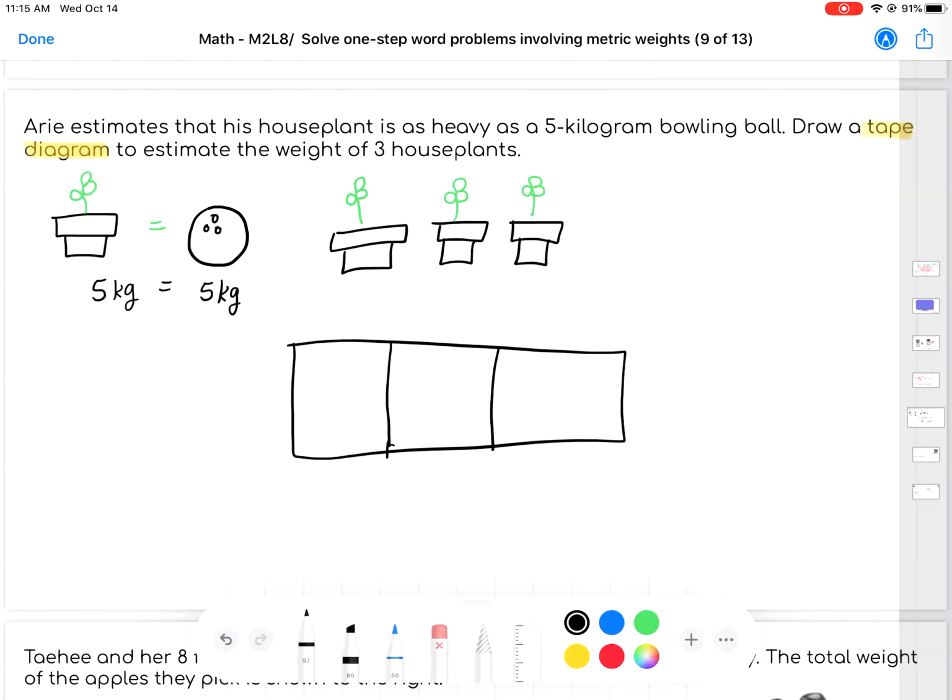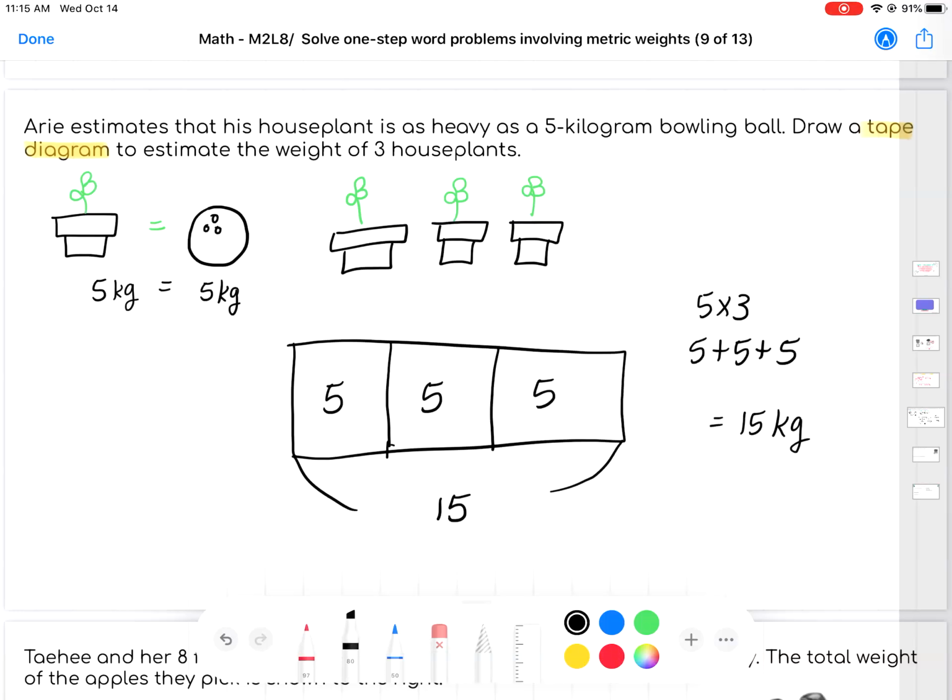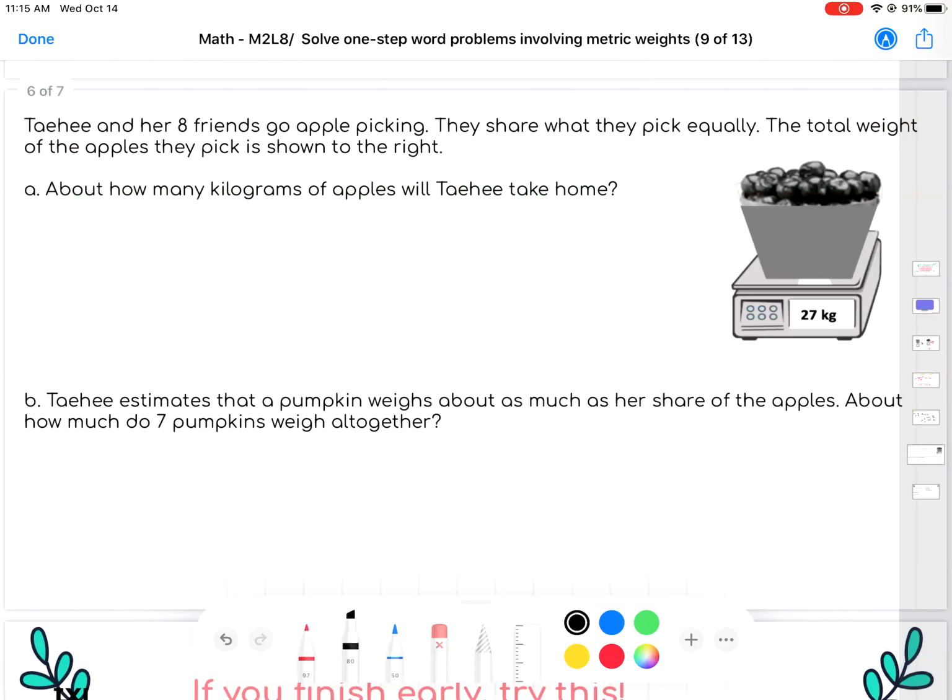And each one is about 5 kilograms. And when I add these all, what is the total? You can either do 5 times 3 or 5 plus 5 plus 5. And the answer is 15 kilograms. That's how we found the answer.